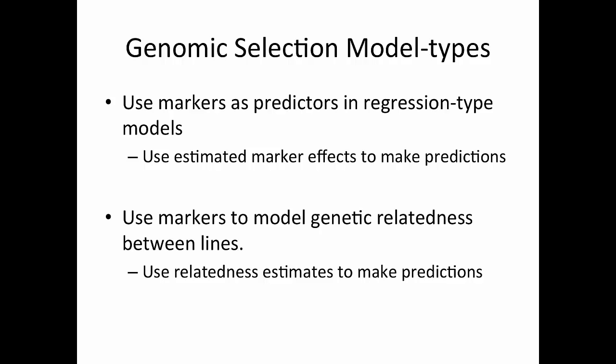So we're estimating the effects of markers, and then we'll use those effects and genotypes that we've taken on individuals to make predictions. The other kind uses the markers to estimate the pairwise genetic relationships in a population, and then based on having phenotypes on at least some of those individuals, you can make predictions about the genetic values of the unphenotyped individuals.